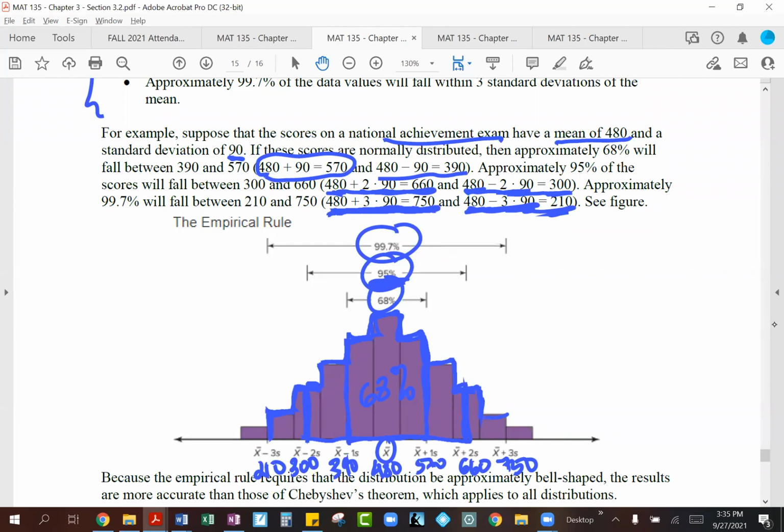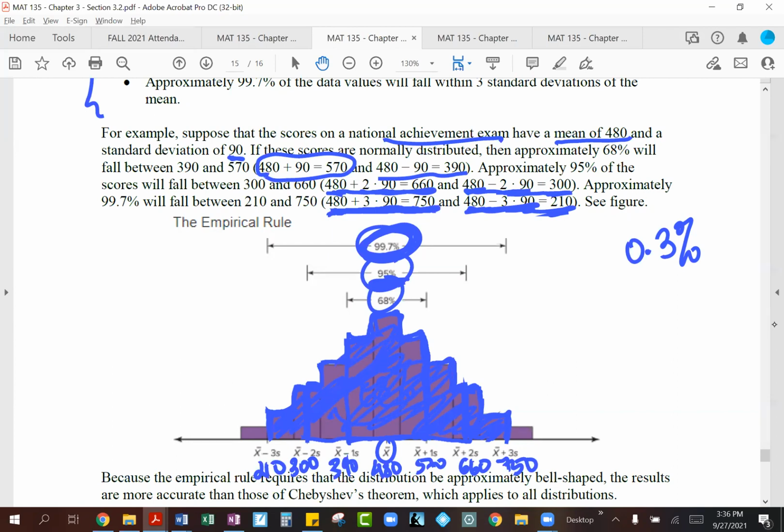And where's my 750? There it is. So everybody from here till the 210 over here, all of these make up 99.7% of our entire data set. And that's again the people who took this national achievement exam. So imagine 99.7%, just 0.3% shy of being 100%. So 99.7% of the people are falling right over here in this little center part.